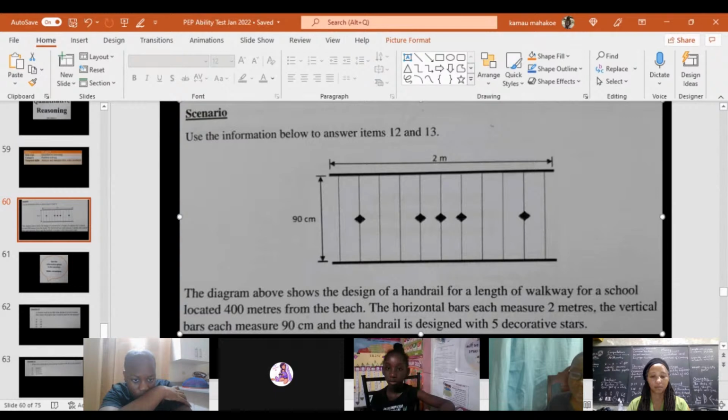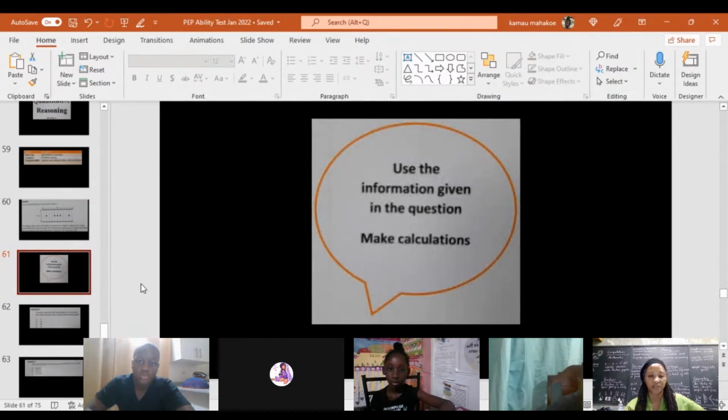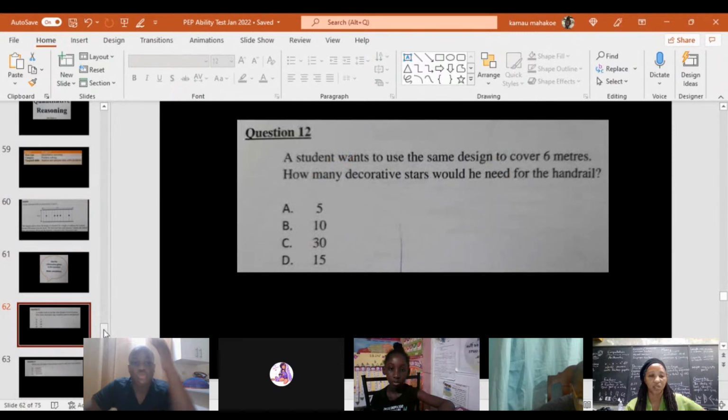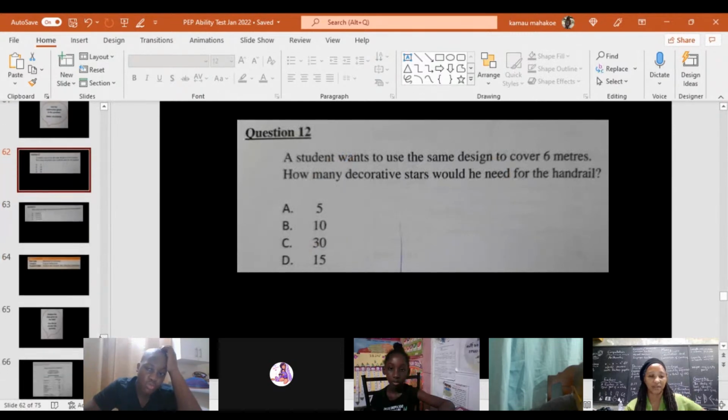The horizontal bars each measure 2 meters, and the vertical bars each measure 90 centimeters, and the handrail is designed with 5 decorated stars. All right, so we are to use the information given in the question to make calculations. So question 12. Legende, please read question 12.